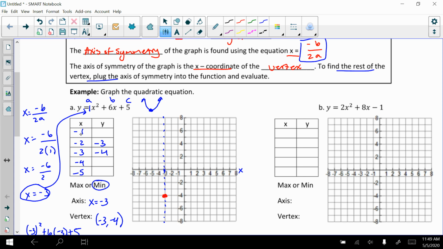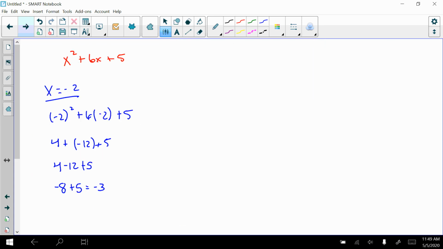Now let's do -1. I'm going to plug -1 in for x and see what my y value turns out to be. Remember, there's a y equals in front of this whole thing. So I'm going to replace all the x's with -1. That's -1 squared plus 6 times -1 plus 5. -1 times -1 is 1. 6 times -1 is -6.